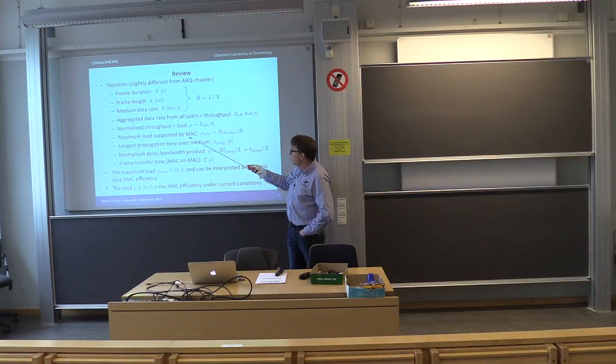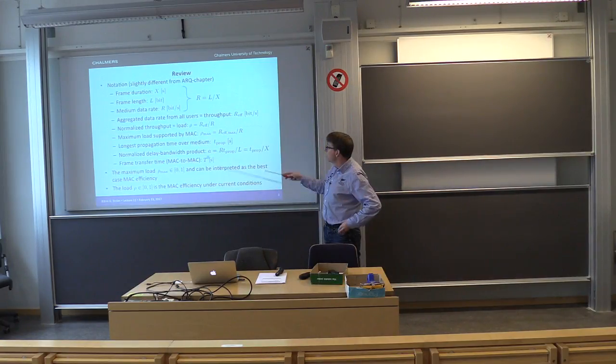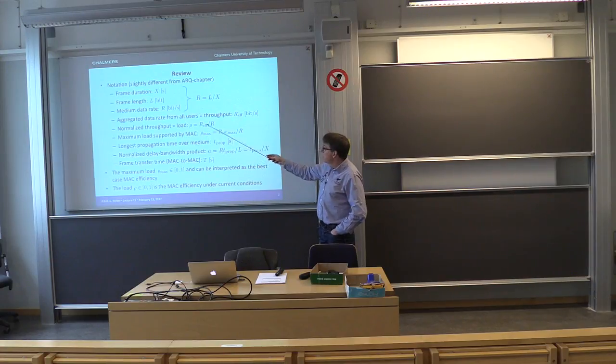The maximum load supported by a certain medium access control mechanism is called rho max, and that's the maximum rate we can support to all the users. This depends on the method that we are using, but also on the properties of the medium. And again, we divide through by the rate of the medium.